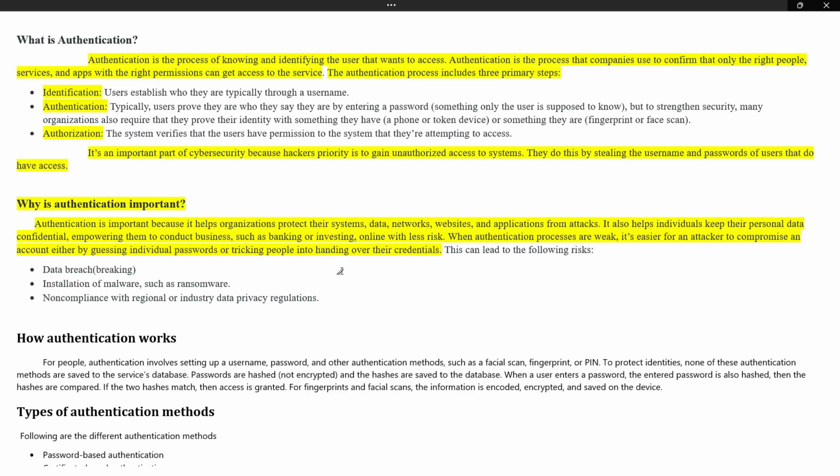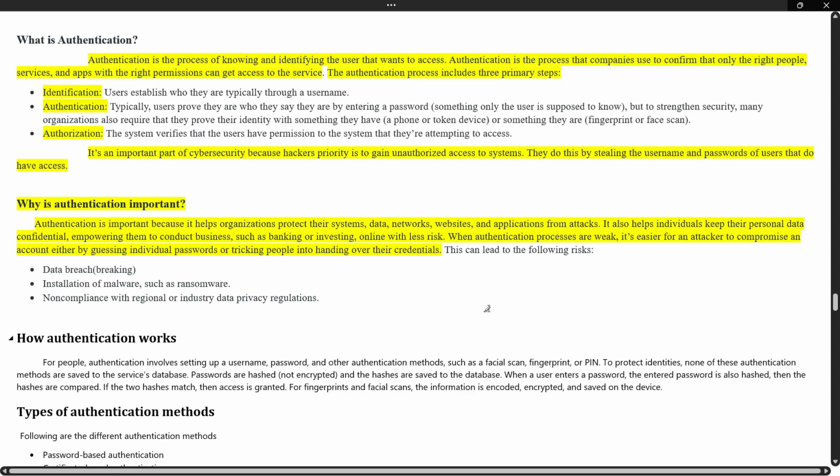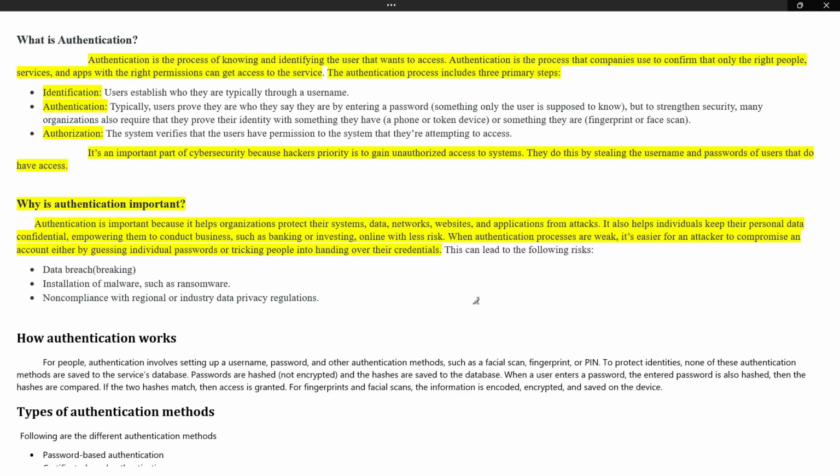So once they steal our data, our banking, investments and money, everything will be at risk. To make the risk very low, we do authentication. Hackers have lots of ways to hack our data, either by guessing usernames and passwords, or by fooling people over a call into handing over their credentials with a tricky mind. We have to concentrate on all of these to authenticate and secure our application.